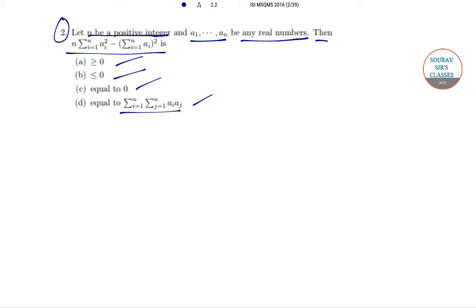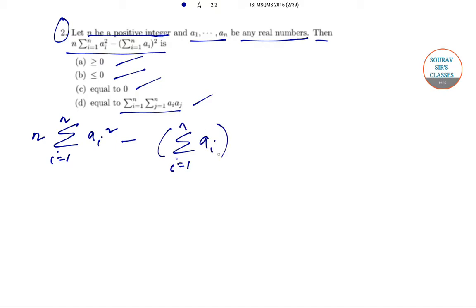So let's start by solving the problem. The expression that we are dealing with over here is n into summation of ai square, where i goes from 1 to n, minus the square of summation of ai, where i goes from 1 to n.